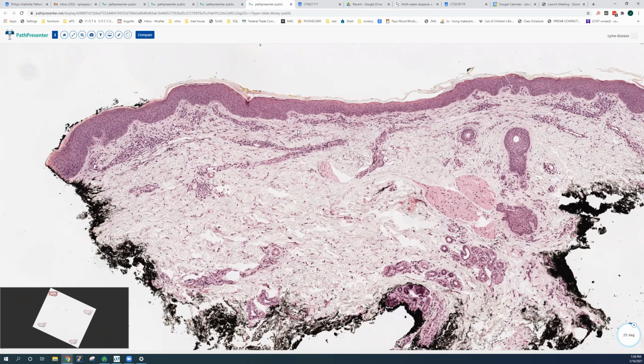Even if you have a biopsy and you know that it's Lyme disease, it's difficult to find the Borrelia in the skin biopsies, even with immunohistochemistry.